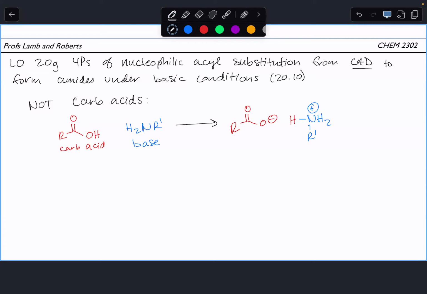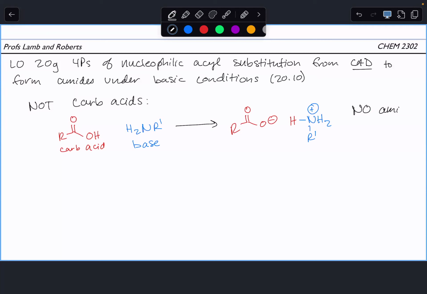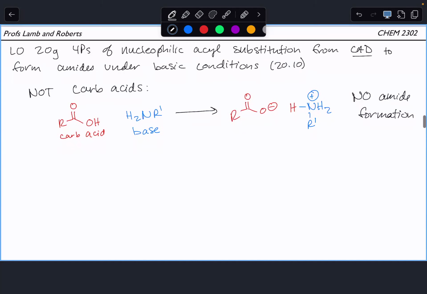If you mix a carboxylic acid and an amine, you get no amide formation. Because we have that acidic proton, it just pulls off that proton and you're done. Because amides are always formed under basic conditions, since amines as your nucleophile means it must be basic conditions, otherwise your nucleophile wouldn't be a nucleophile anymore. You cannot use carboxylic acids, but you can use any other carboxylic acid derivative.